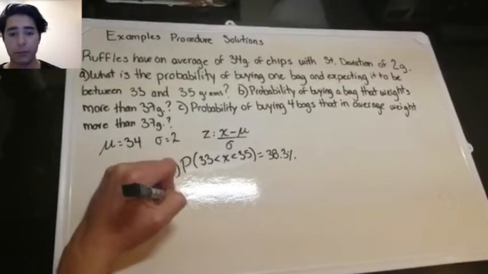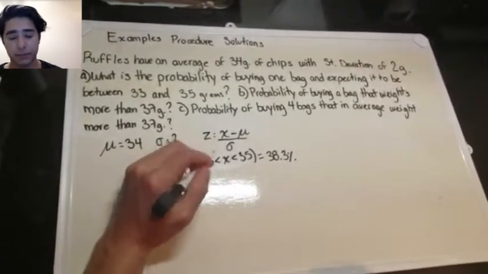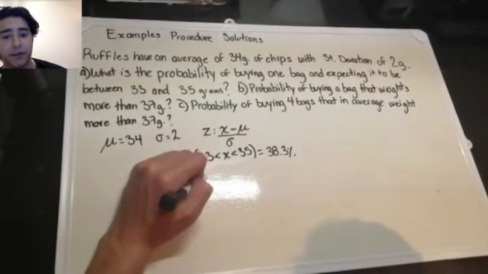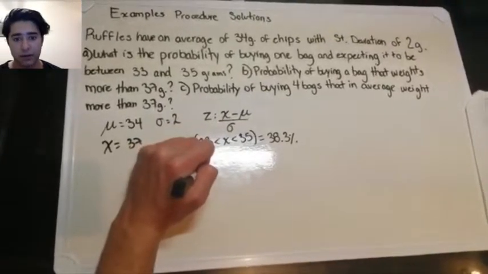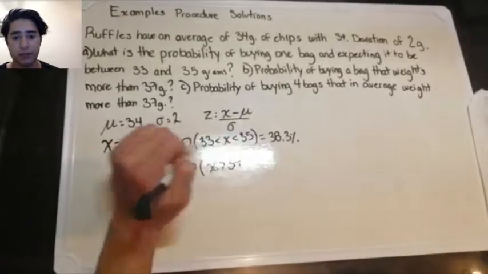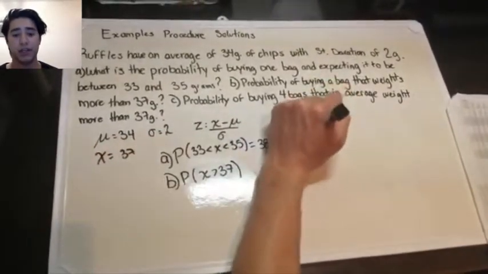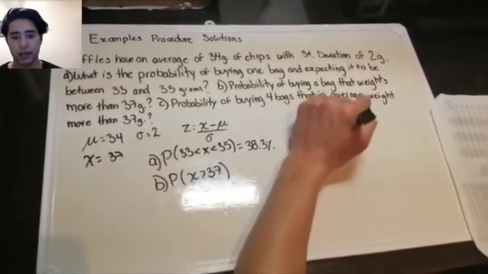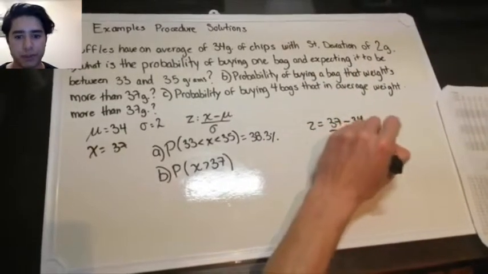For the second problem, we will use the same formula, just that we will only use it once for the 37, and the result we found on the tables, we will subtract it from 1 because the tables gave us the less than probability, and the problem asks us to find the more than probability.